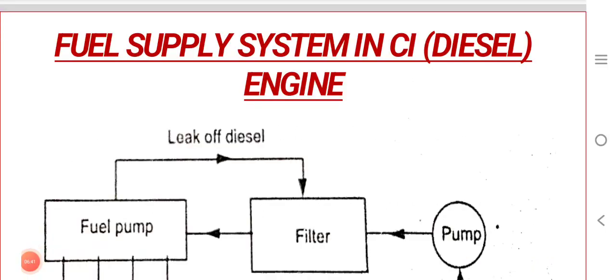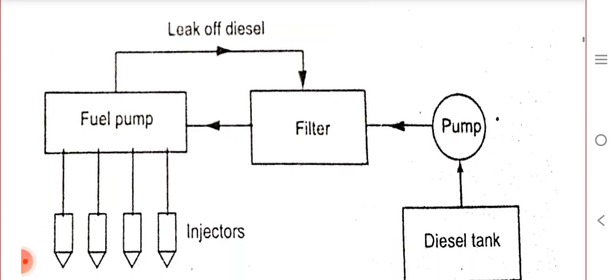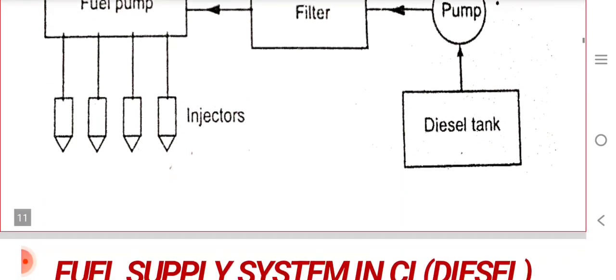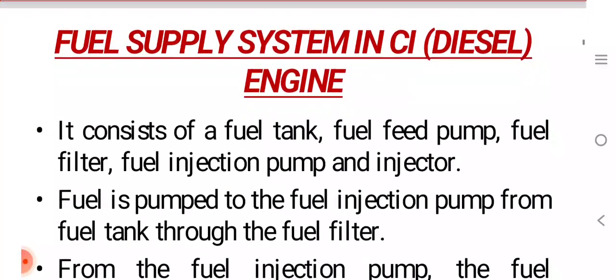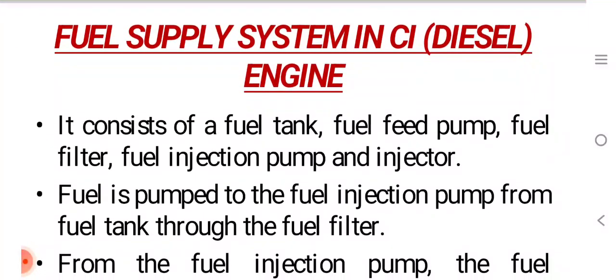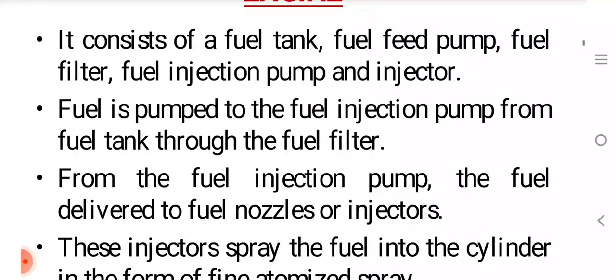This is the fuel supply system in a CI engine or diesel engine. This is a schematic arrangement for the diesel engine. This system consists of the fuel tank, fuel feed pump, fuel filters, fuel injection pump and injectors.